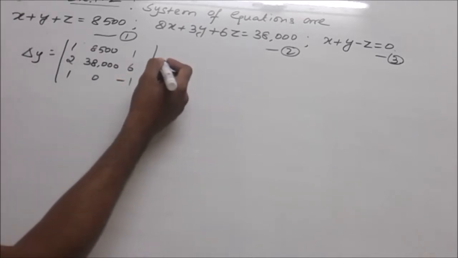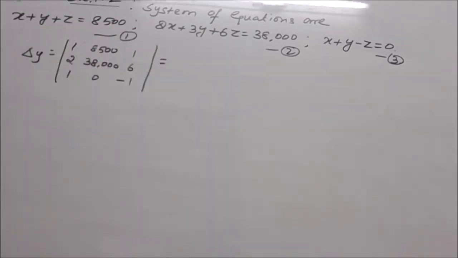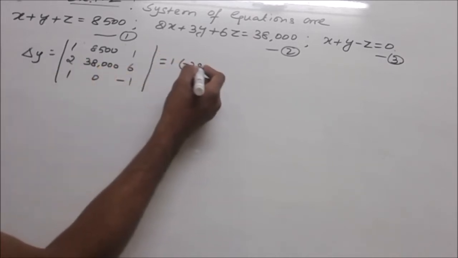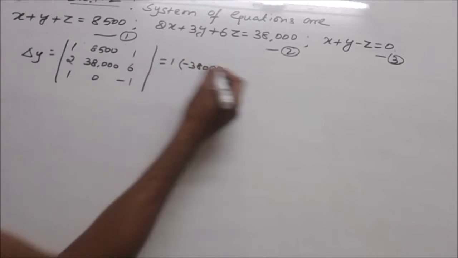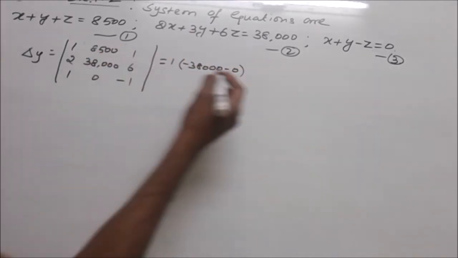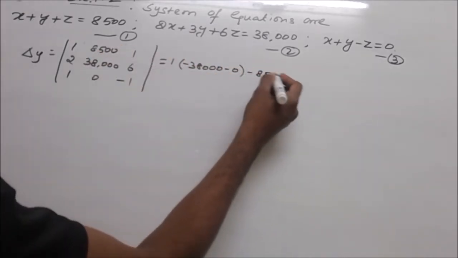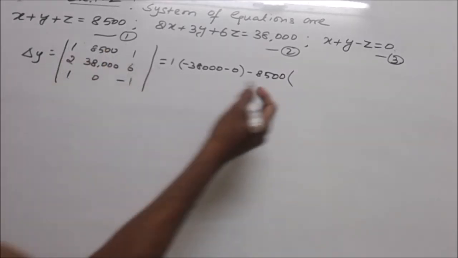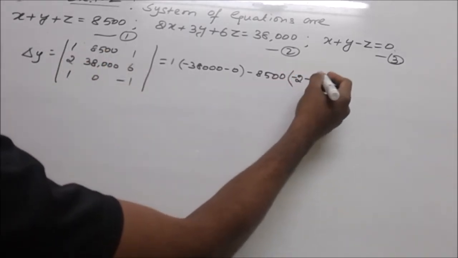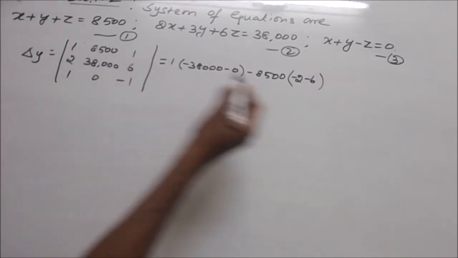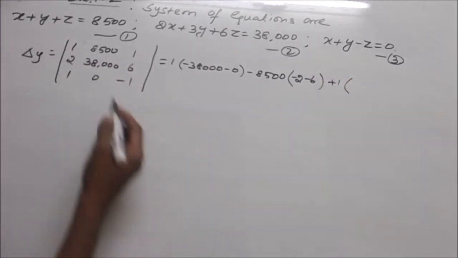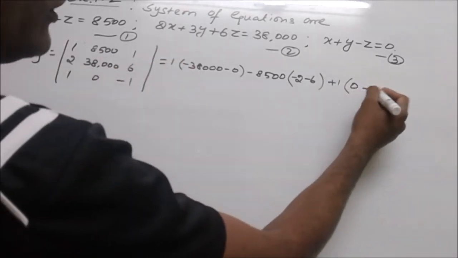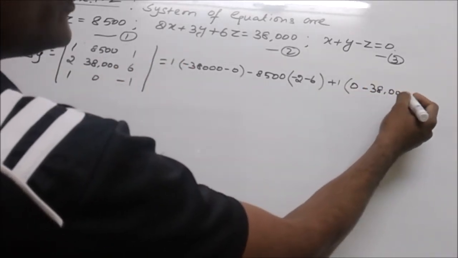That is equal to 1 into minus 38,000 minus 0, then minus 8,500 into minus 2 minus 6, then plus 1 into 0 minus 38,000.